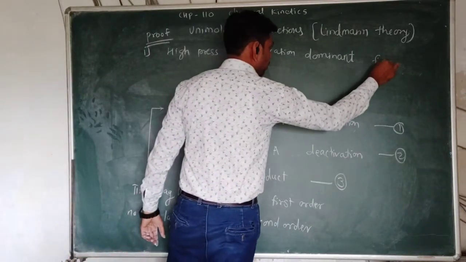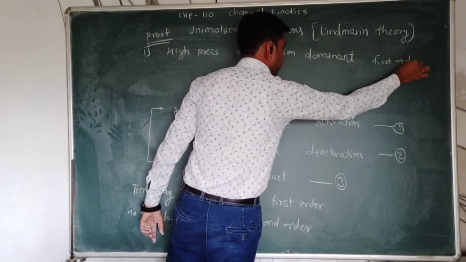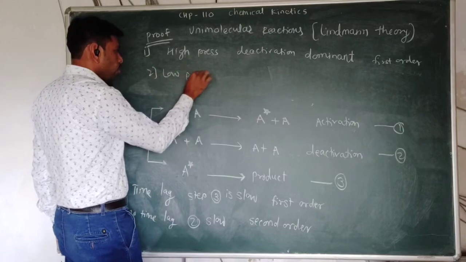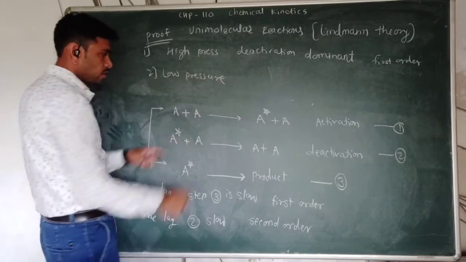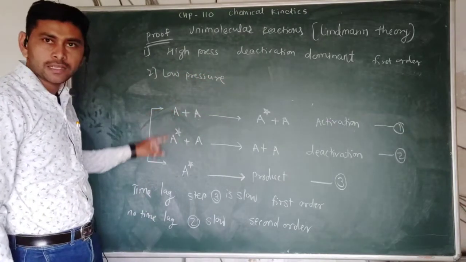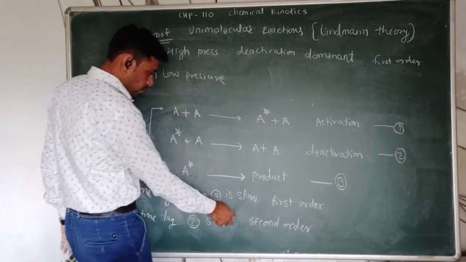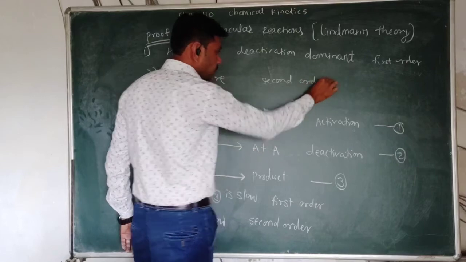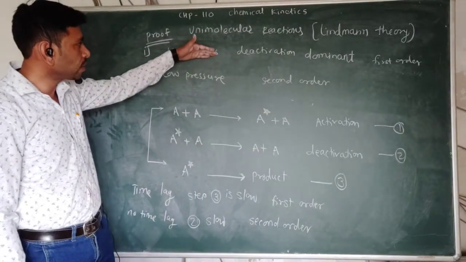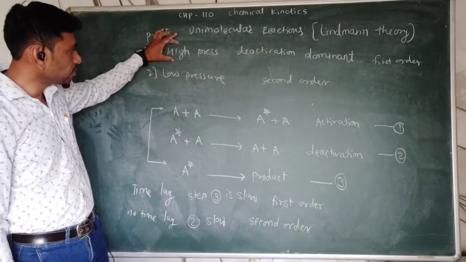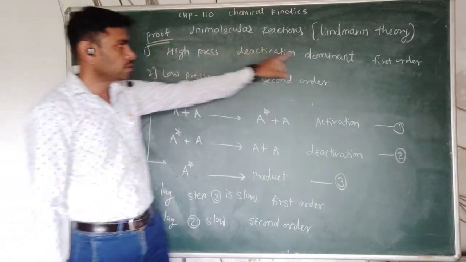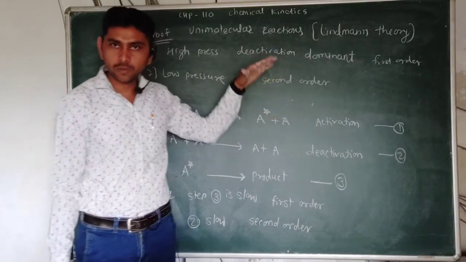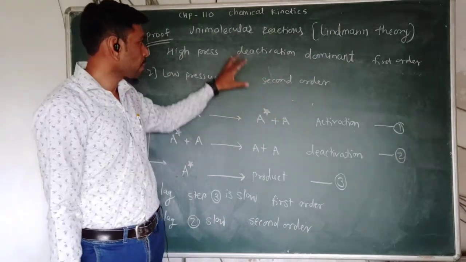At high pressure it is first order, and at low pressure the molecules react as soon as they form, then the reaction is second order. So by changing the pressure, we can change the order. By changing pressure from high pressure to low pressure, the order can be changed from first to second order reaction. So second order reaction is there after deactivation.